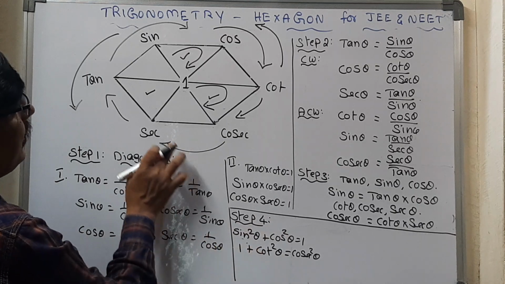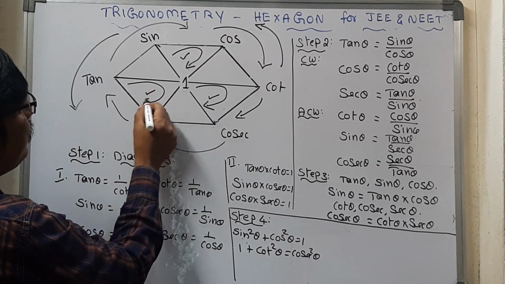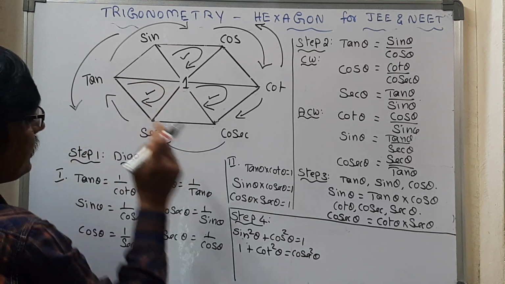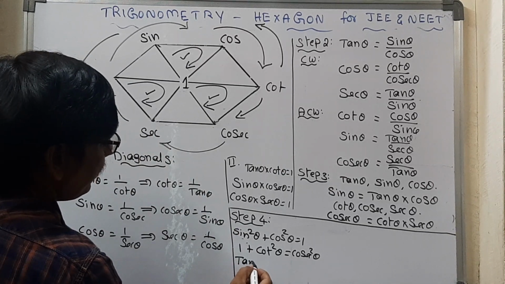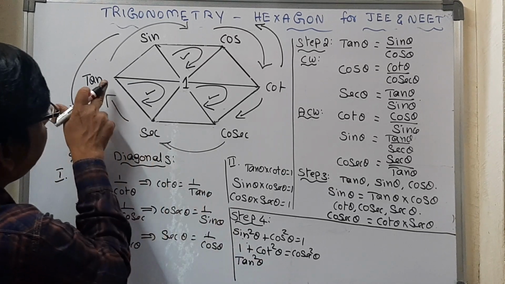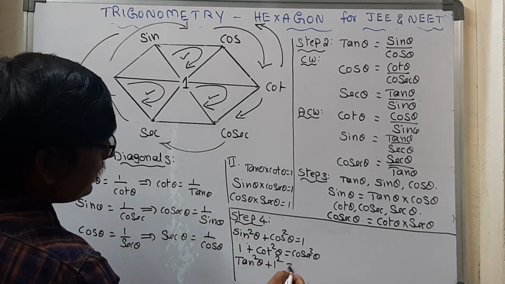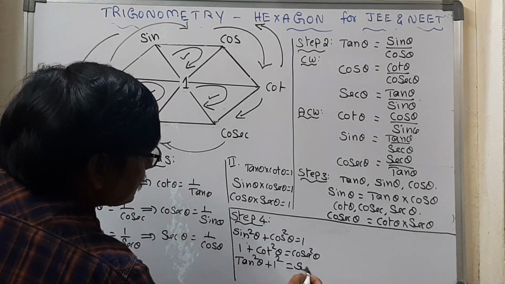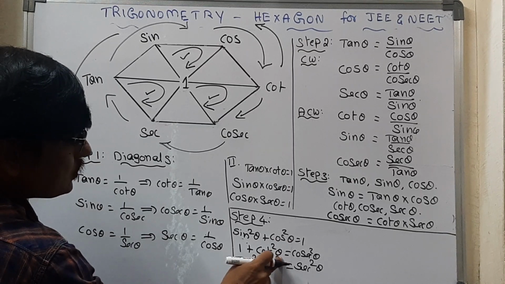The third triangle, also clockwise: tan, 1, secant. So tan square theta plus 1 square is equal to secant square theta. 1 square is 1 only.